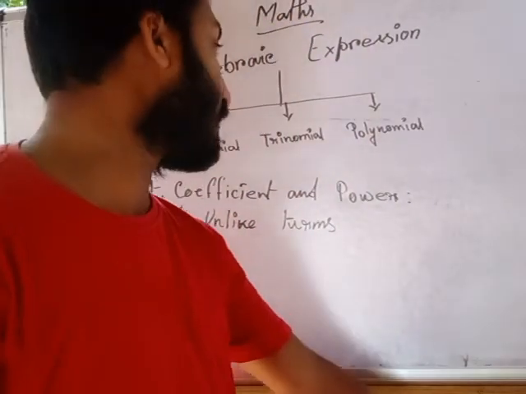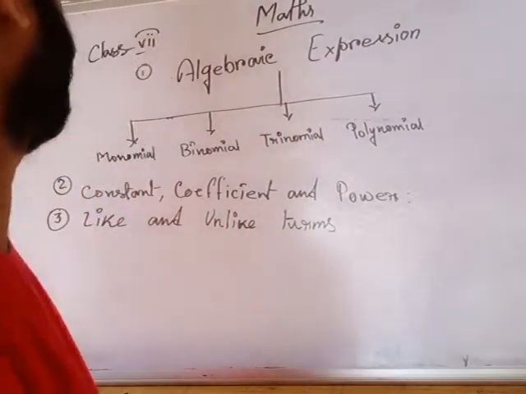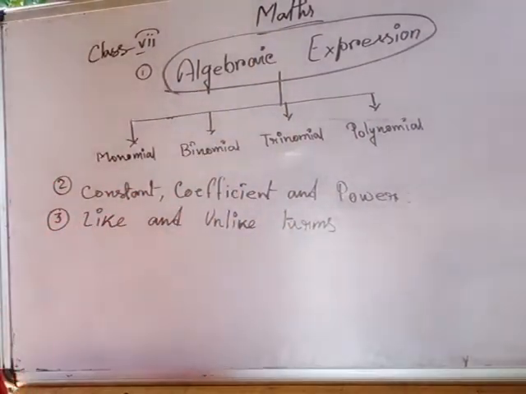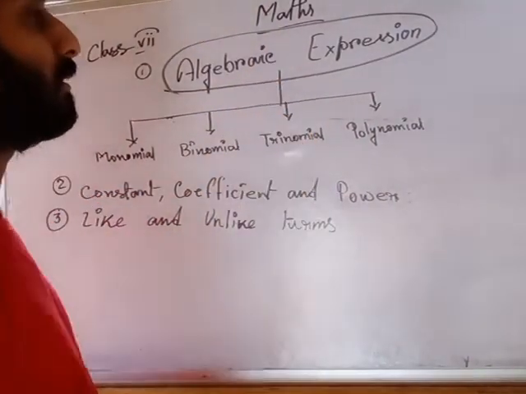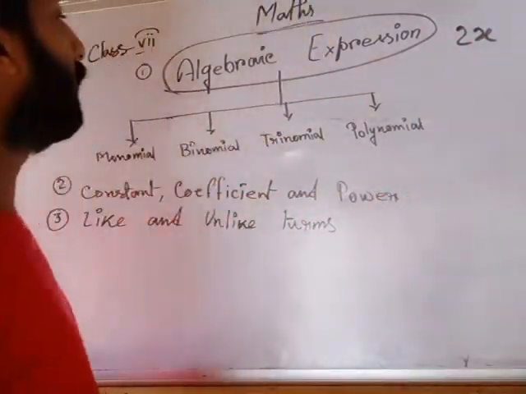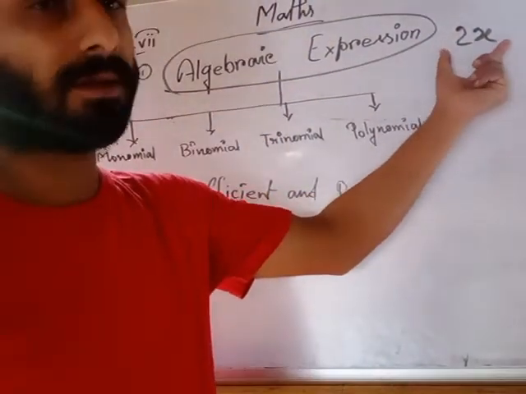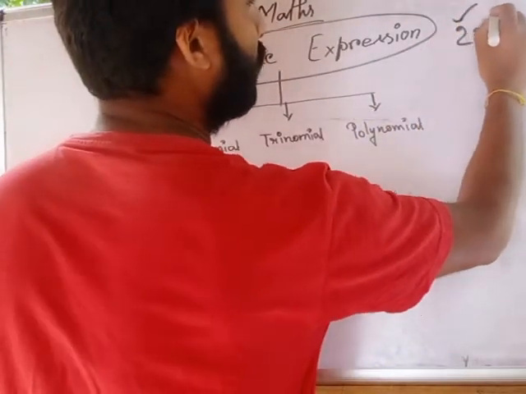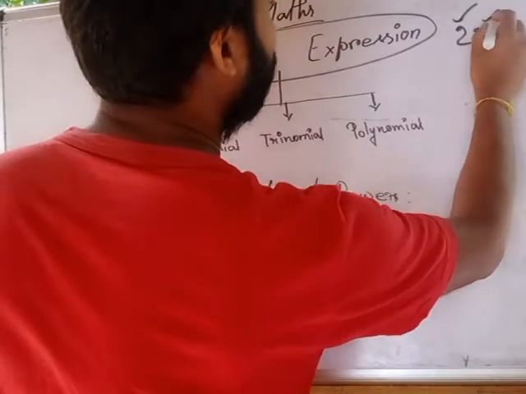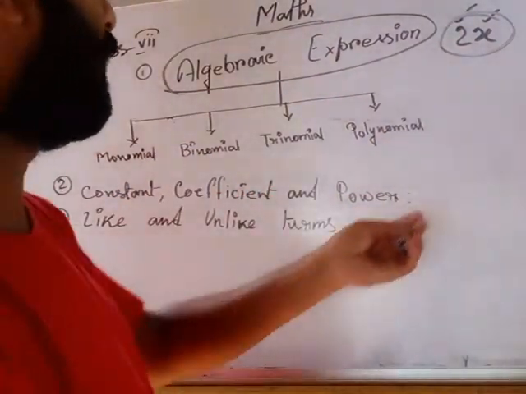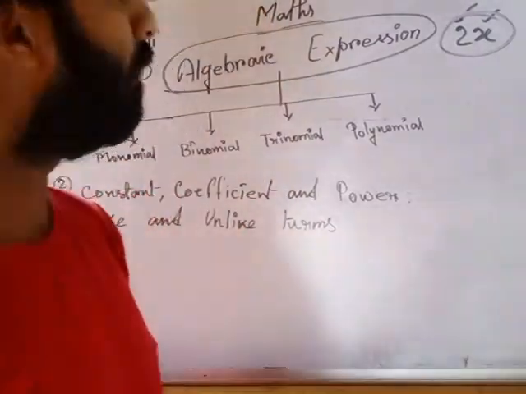Today I will discuss from class 7 maths algebraic expression. What is an algebraic expression? It is an expression of algebra because here is a constant and also a coefficient or a variable.